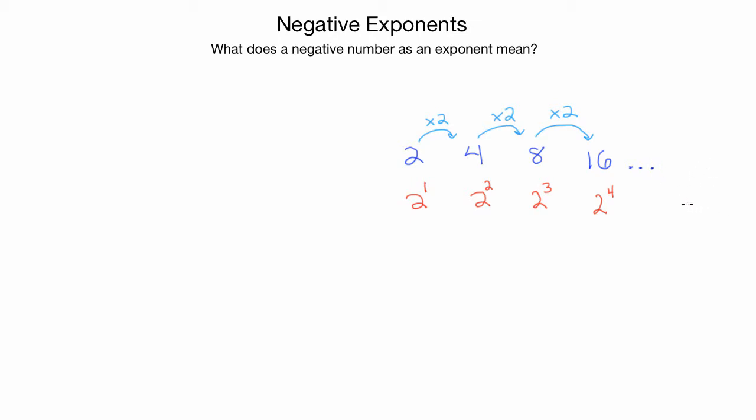Okay, but now let's think about this pattern in reverse. Say I'm starting with 16 and I want to go back to the left. What do I do to 16 to do the opposite of the pattern, to get it back down to 8? Well, instead of multiplying by 2, the opposite is to divide by 2.